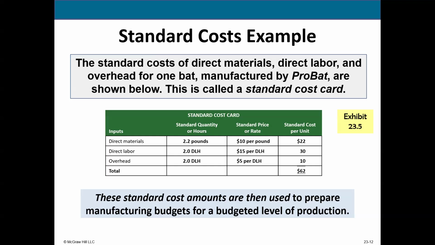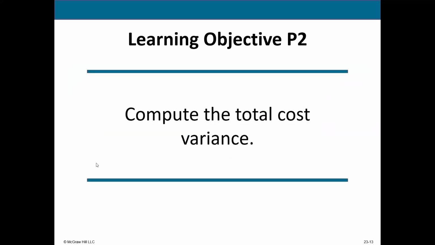Once you have your standard costs set for your products that you're making, then we can look at computing the variances, because we're going to compare each of these standards to what actually happened. Okay, so let's look at the types of variances that we calculate.